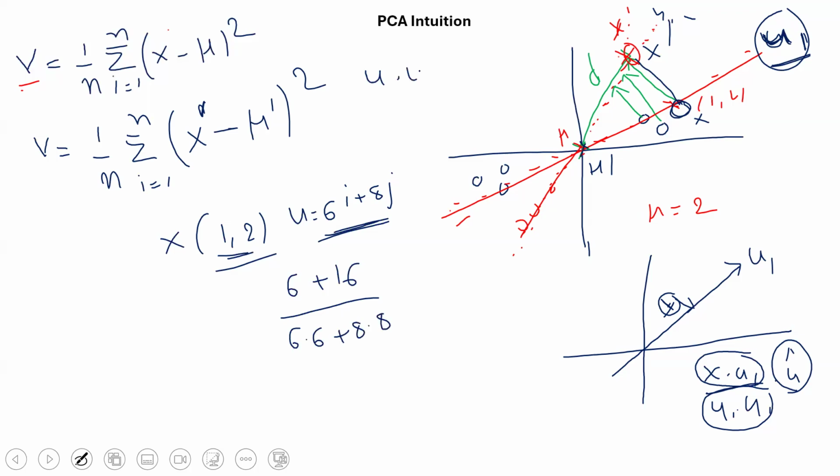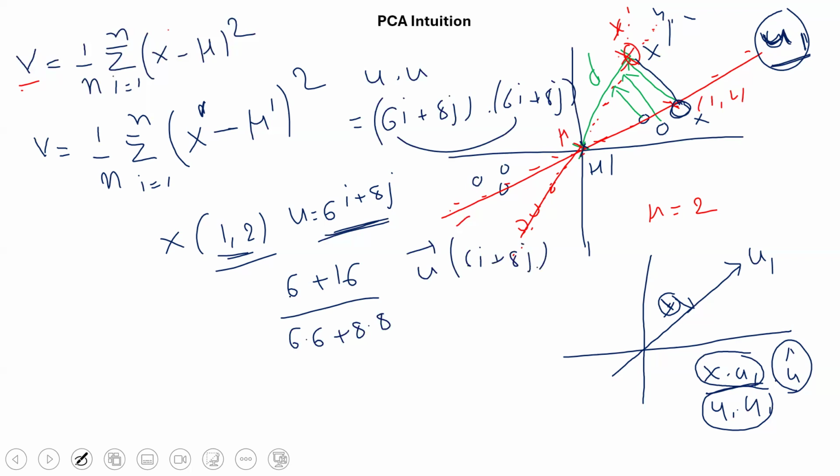So what does u dot u mean? 6i plus 8j dot 6i plus 8j. That becomes 6 into 6, i dot j is 0, j dot i is 0, plus 8 into 8. And u cap is nothing but 6i plus 8j. So what does this become? 6 plus 16, 22, by 36 plus 64, 100, into 6i plus 8j.